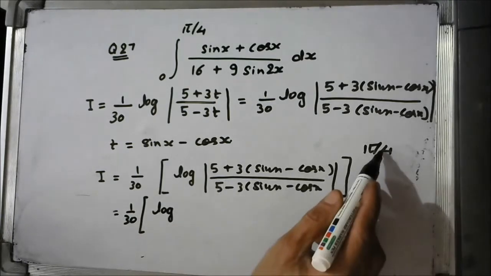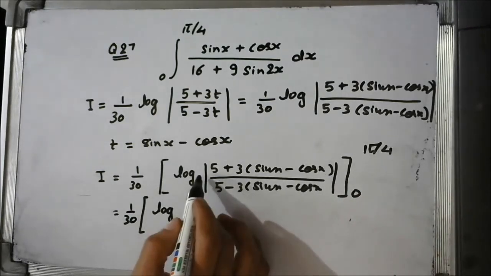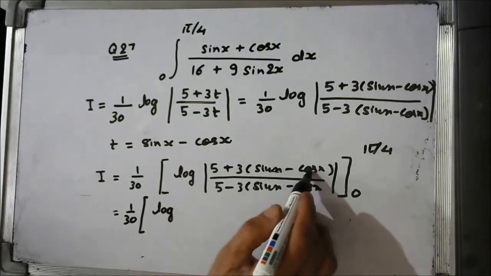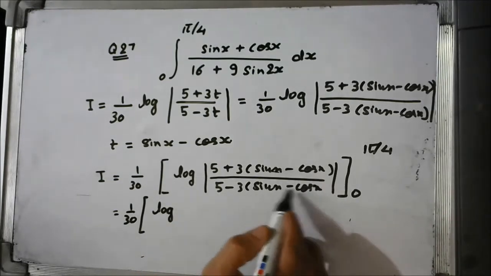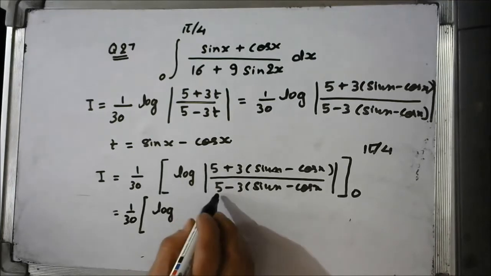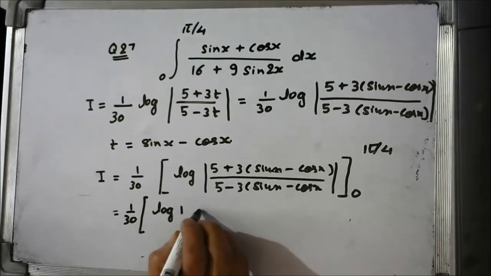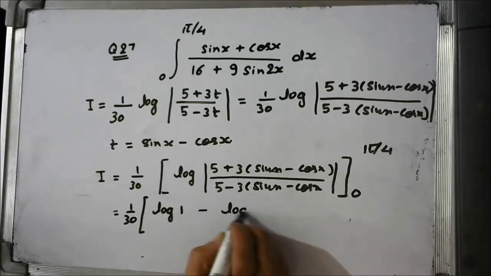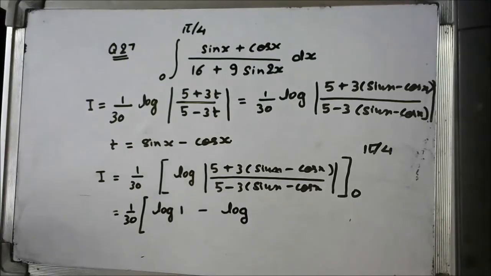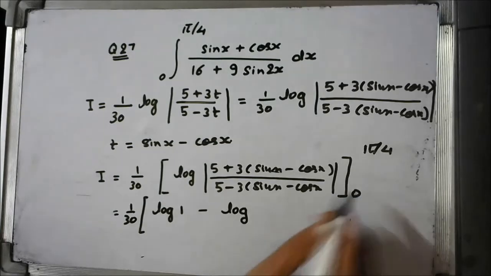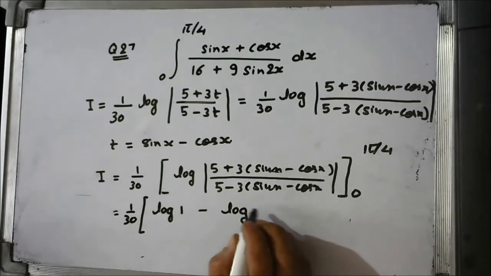First, we will put the upper limit in this expression, which will make this factor 0. So we will be left with log 1. Next, we subtract the result obtained by putting the lower limit.